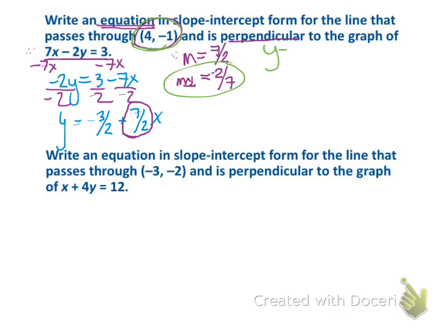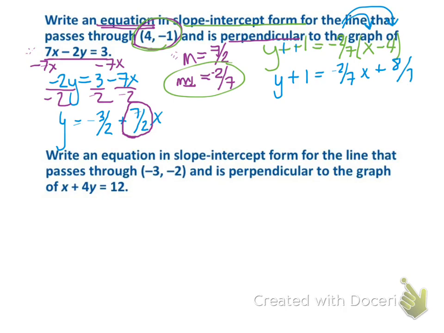All right, so I've got my slope and I've got my point. So y minus negative 1 equals m times x minus x1. And remember, it said slope-intercept form. So I can do my keep, change. I need to distribute. So I've got y plus 1 equals negative 2/7 x plus, a negative times a negative is a positive, 8/7, because 4 times 2 is 8.